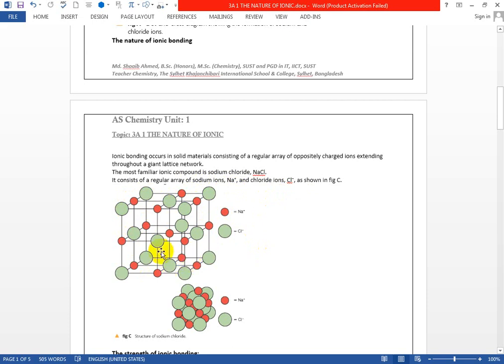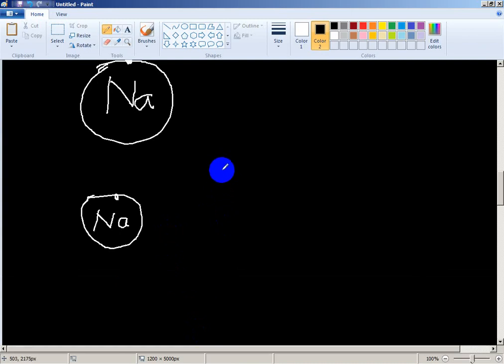This way, like one building unit, like a four-story building: ground floor this way, first floor this way, second floor, third floor, and this way it forms a giant lattice structure. Here everything is a regular array. I draw these things.